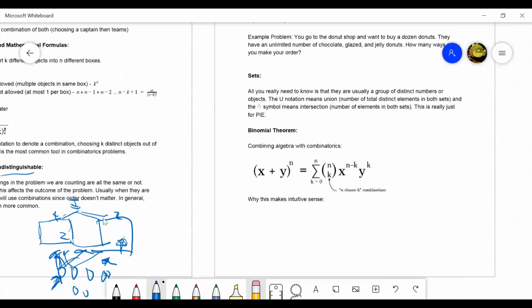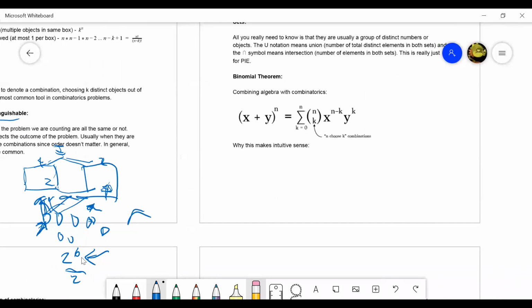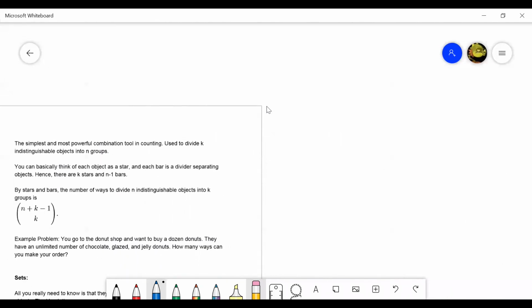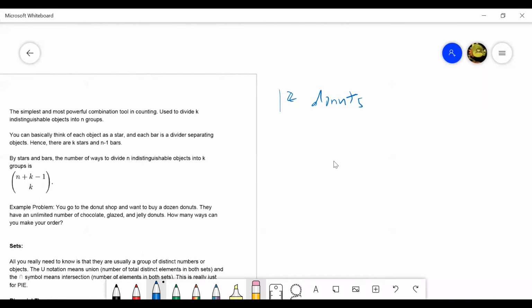If you see from our example, a lot of problems can devolve into a similar type of problem. I'll give another example. Let's say we're buying 12 donuts from a shop, and there are 3 flavors, and these 3 flavors are all different. How many ways can we order donuts so that we have 12?